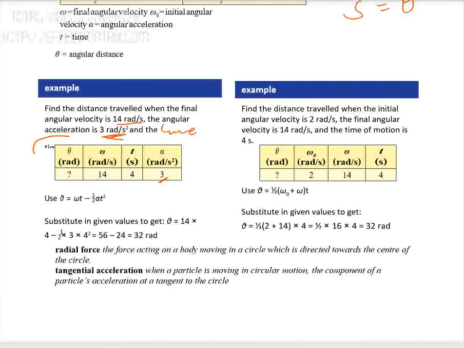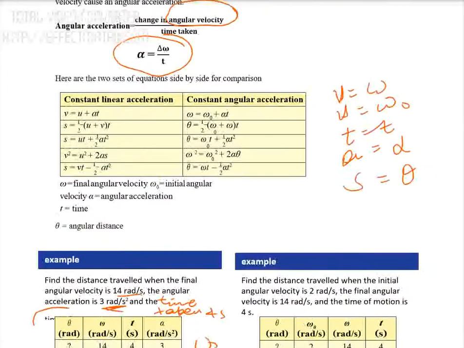The time taken is given as 4 seconds, and you are asked to determine theta. Which one is left? Omega naught is left. Therefore, the equation missing omega naught is theta equal to omega times t minus 1 over 2 alpha times t squared.